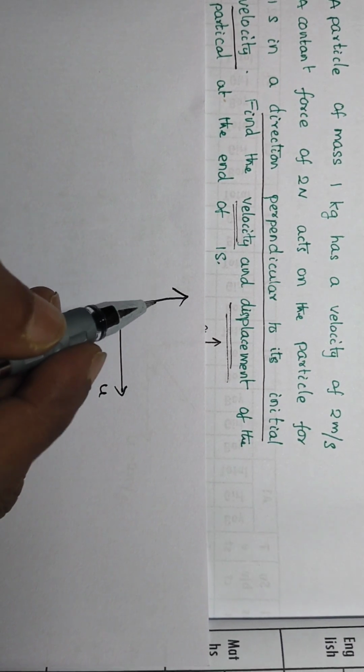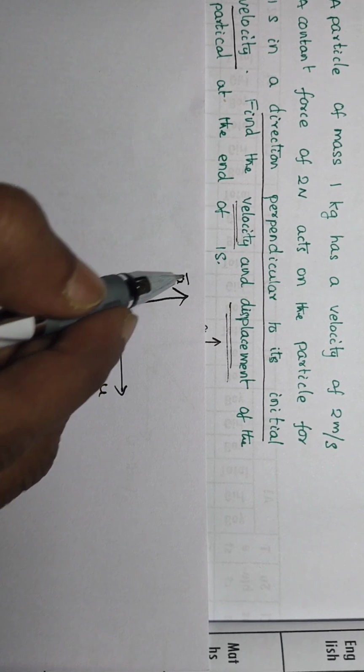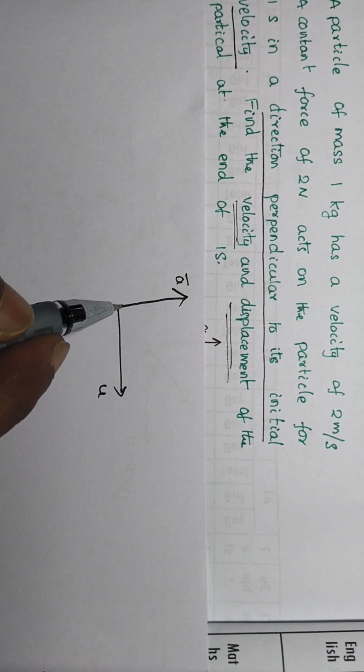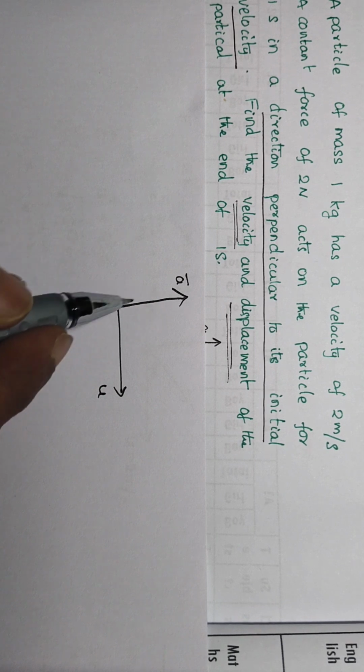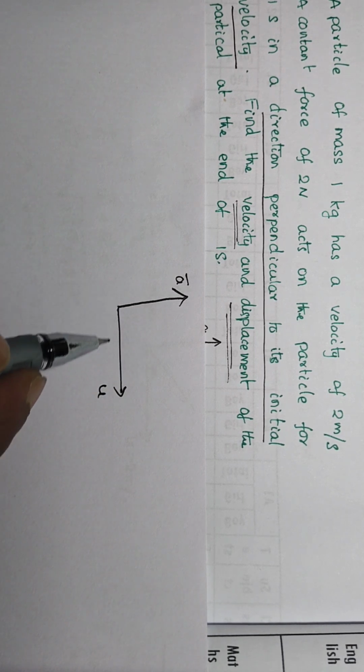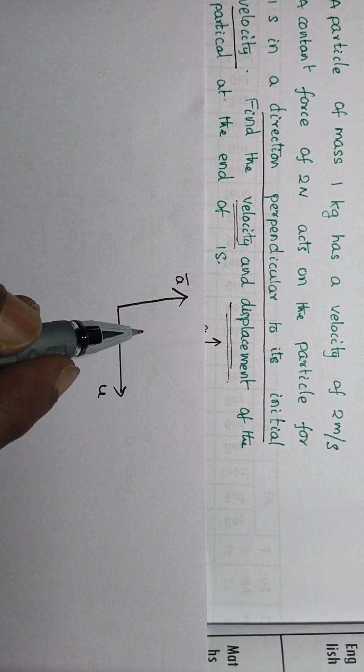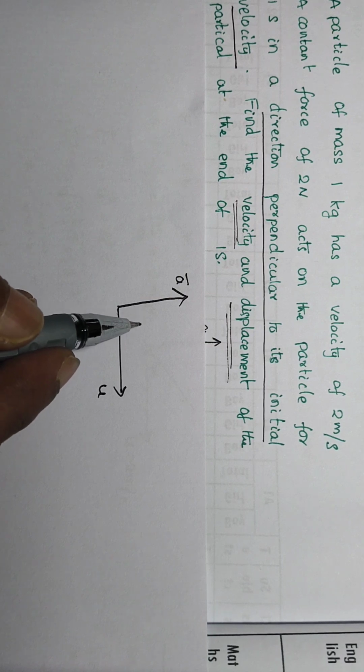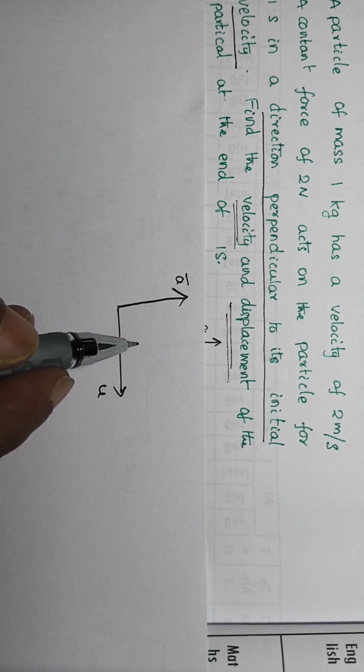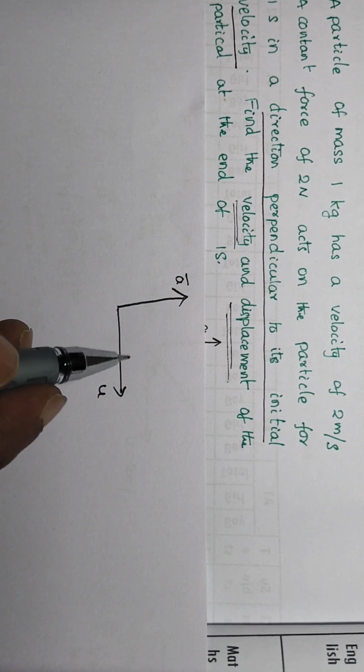So the acceleration direction is in this direction. So both are perpendicular. So this is motion in a plane. So we should use vector forms. We should use vector formula to solve this problem.